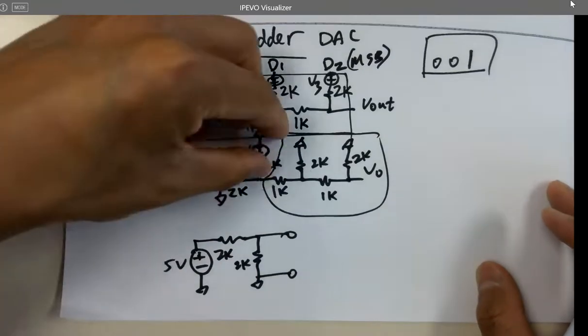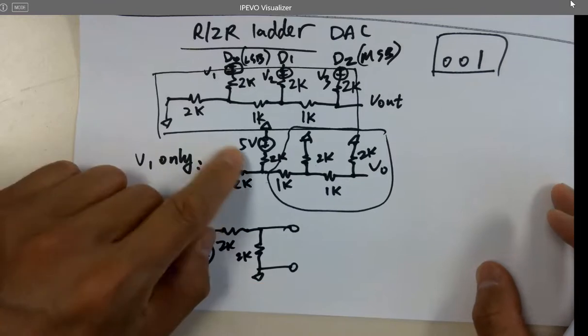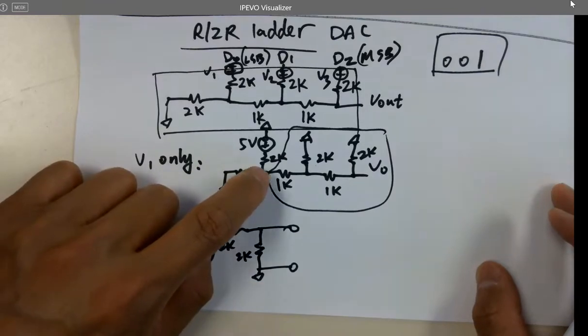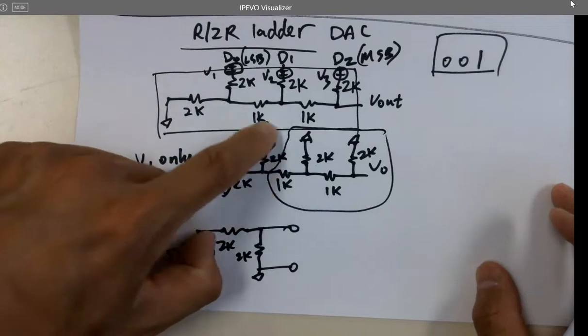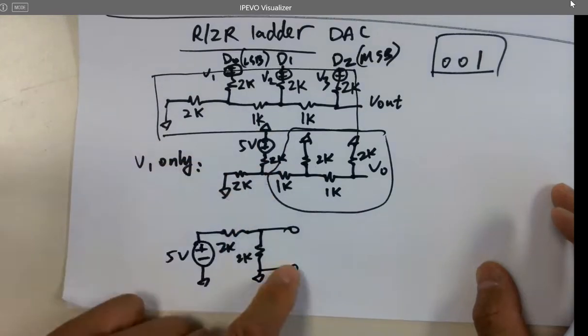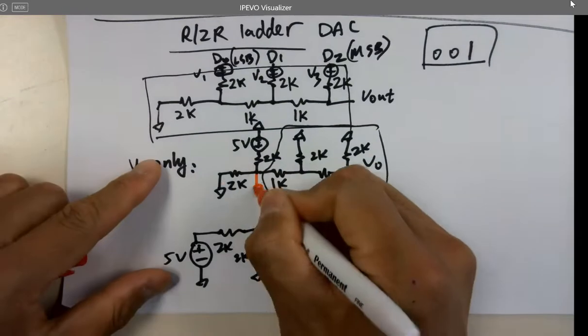Just switch it, rotate it here. That's how I did it. And then starting from the output, I'm treating this point as the output of this network. And here's ground, and here's ground. So it's the output node.